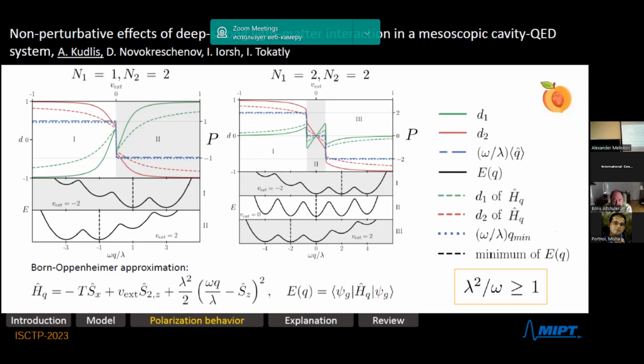Also, for the first group of dimers, we see a non-monotonic behavior of some averaging of sigma z, or just a polarization, which is here labeled by D1. And due to the dominant character of the interaction term, I mean the lambda squared, yes, it's an important comment.